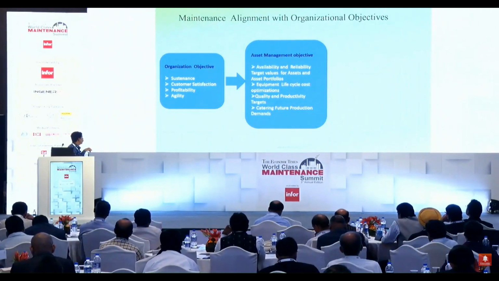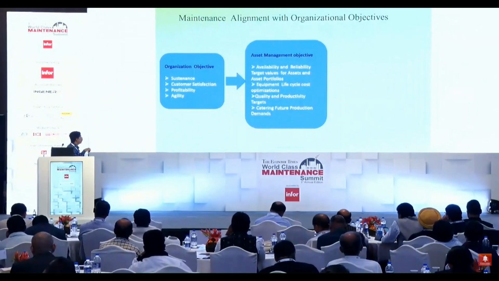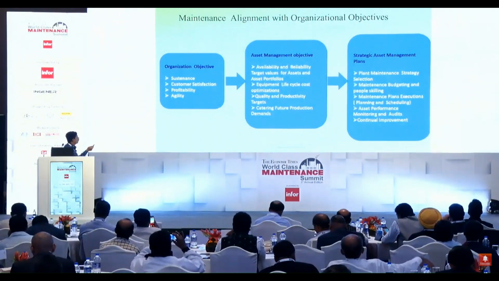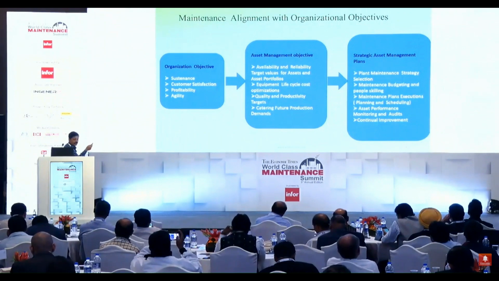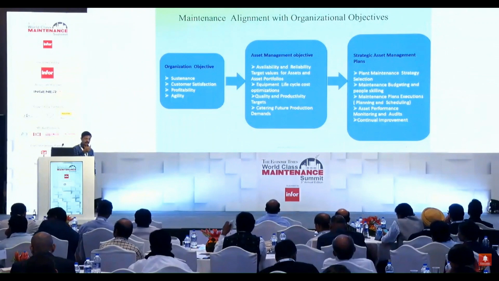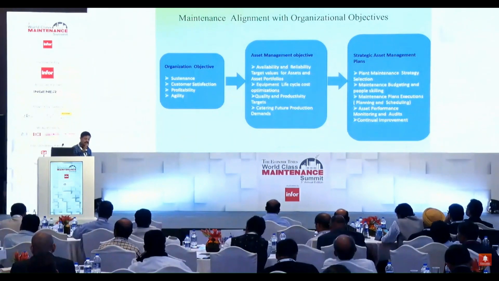Now, driven from this, asset management objectives are availability and reliability targets for assets and asset portfolios, equipment life cost optimization, quality and productivity targets, and catering to future production demand. From the organization's objective, we have drawn the asset management objective. This further translates into the strategic asset management plan, that is, plant maintenance strategy selection.